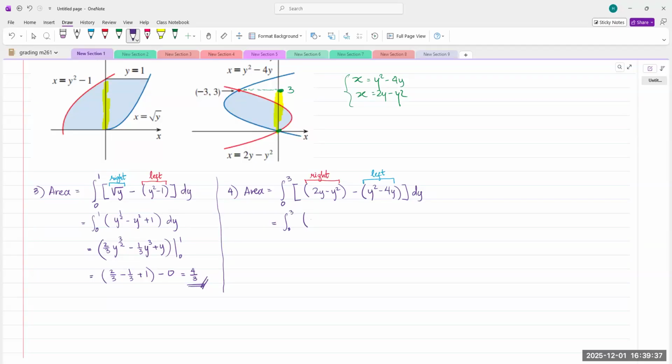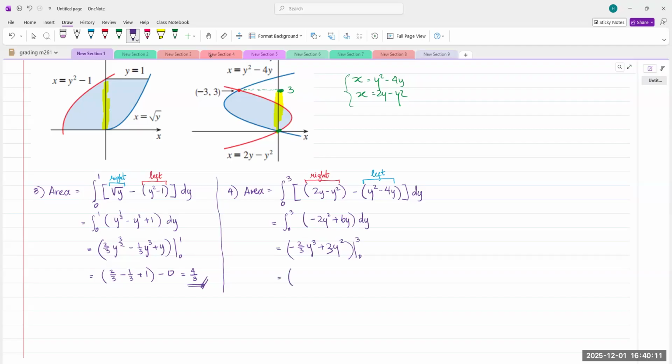That will be negative 2y squared plus 6y, dy. Otherwise we need to integrate 4 terms, right? Let's integrate only 2 terms by combining them. Then when we integrate, we get negative 2/3 y cubed plus 3y squared, from 0 to 3.